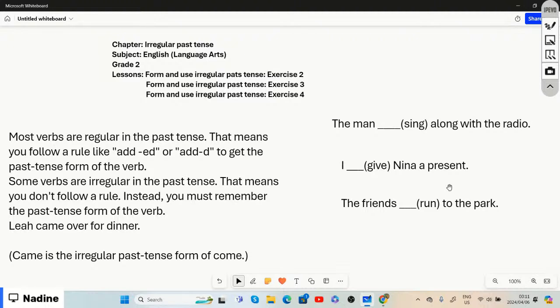If we change the words in brackets, remember it's irregular, so the wording changes.